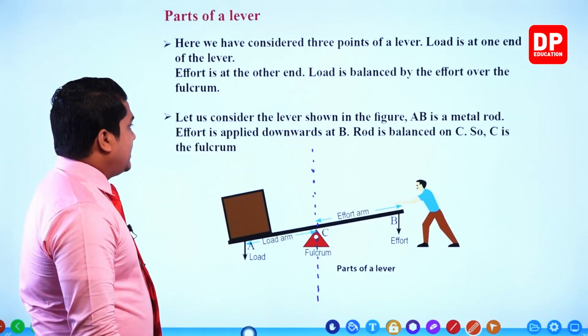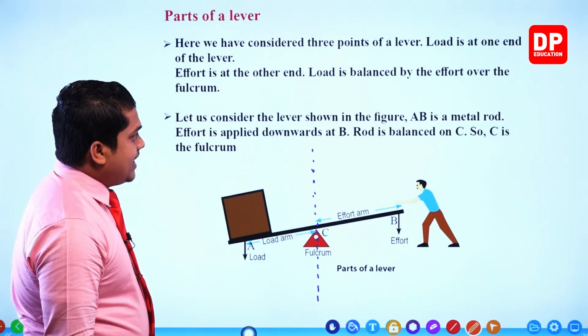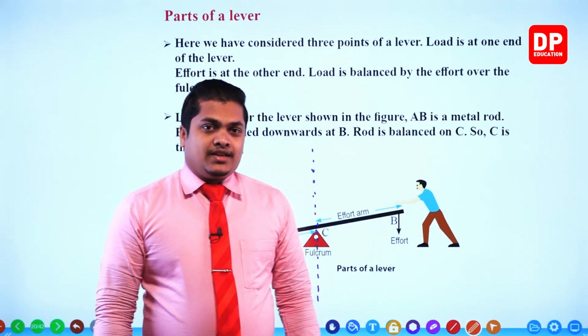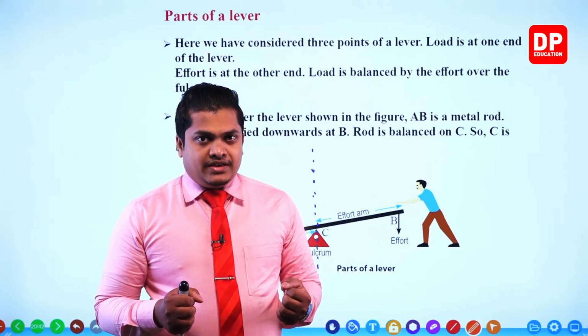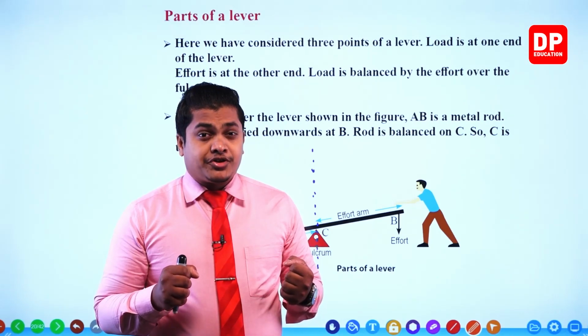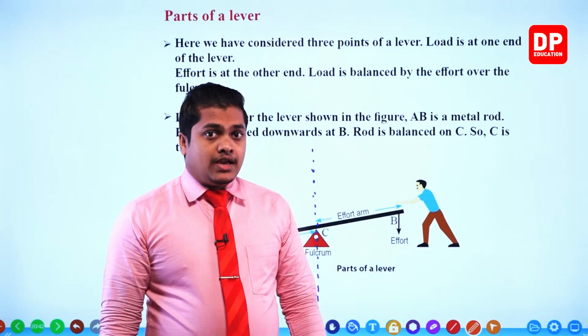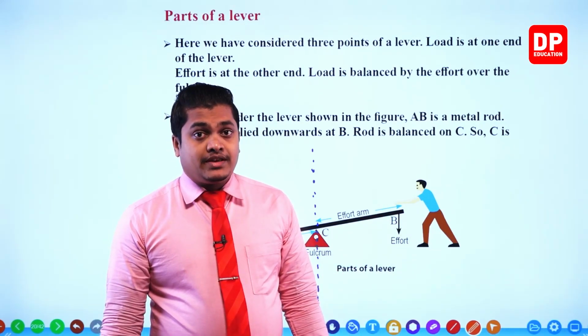Then let us consider the lever shown in the figure. AB is a metal rod. Now I told you, my dear children, we are using a lever now. A lever should be very strong, otherwise it will break down because you are applying a certain force over here, and even if it does not break, it will bend.